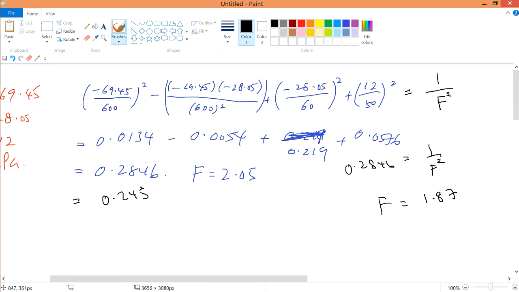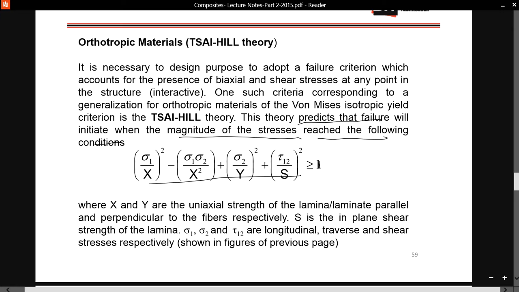If you use the lecturer's value, which is 0.245, you'll get 2.05. In fact, it's 2.01. But the key thing is this equation, and in fact it's this part, 1 over f squared, which the lecture notes aren't giving to you.